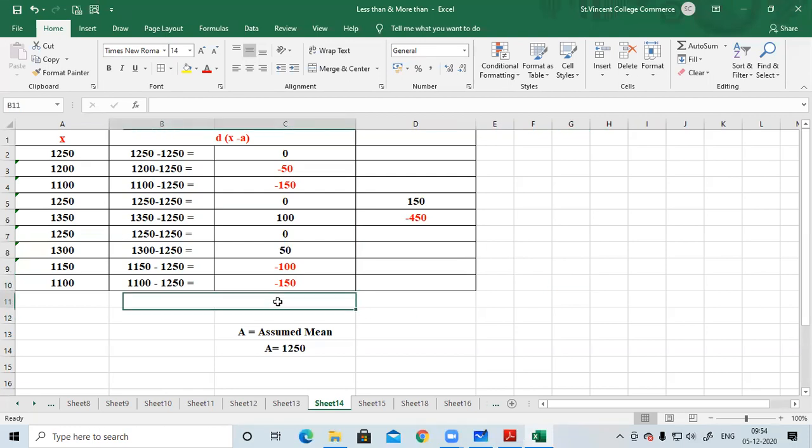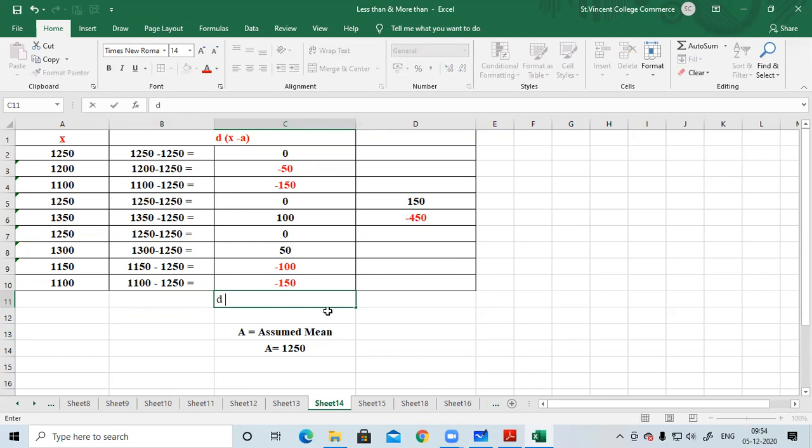So what will be your D in the sum I have done? Your sigma D will equal 150 minus 450, which is minus 300. Is this correct? Are you getting what I'm doing? Take your calculator and do 150 minus 450.